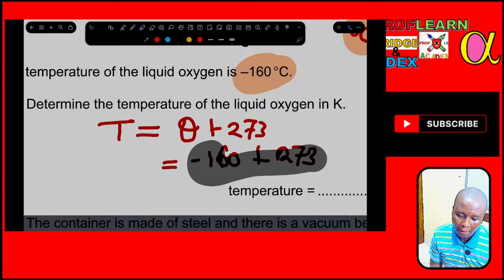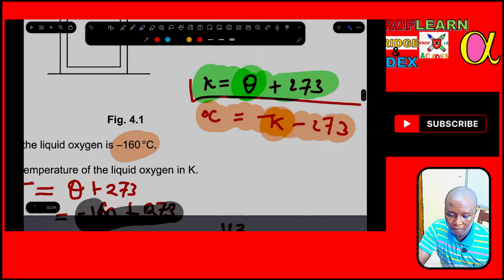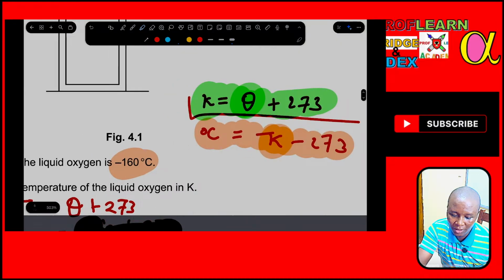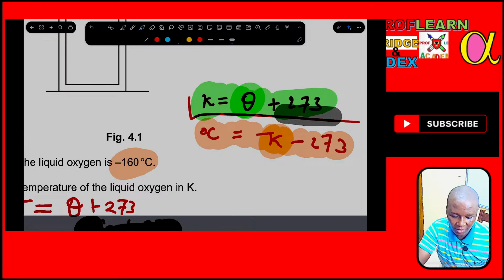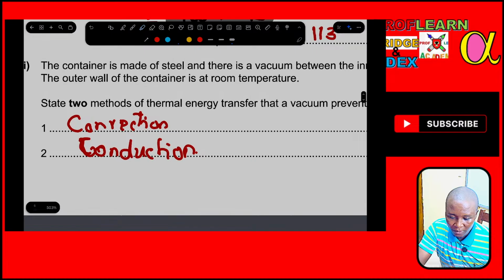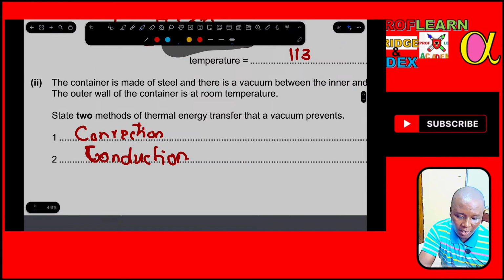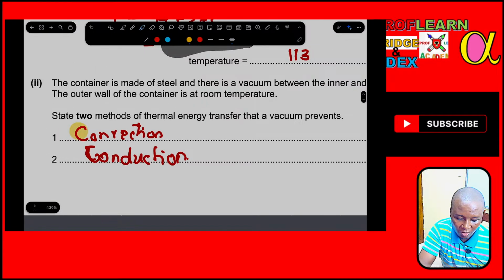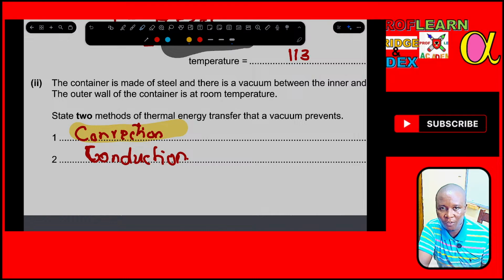Always remember this formula: temperature in Kelvin is temperature in degrees Celsius plus 273. State 2 methods of thermal energy transfer that the vacuum prevents. This is convection, heat loss by convection, and also heat loss by conduction.